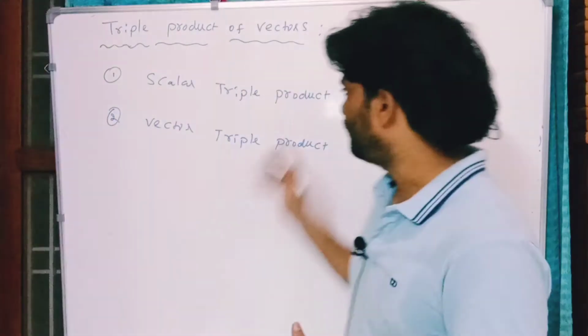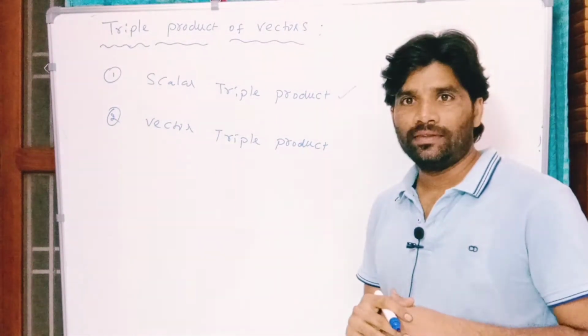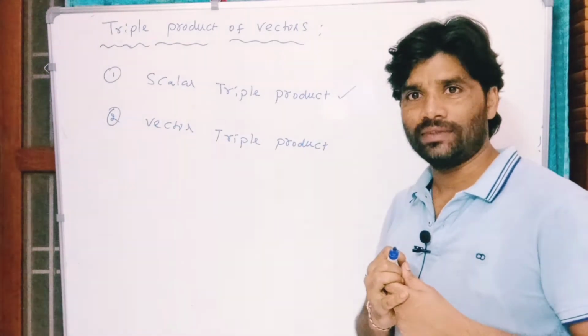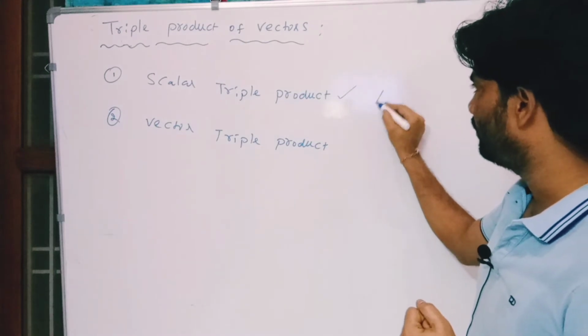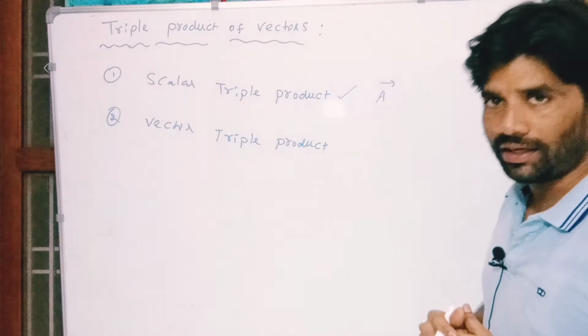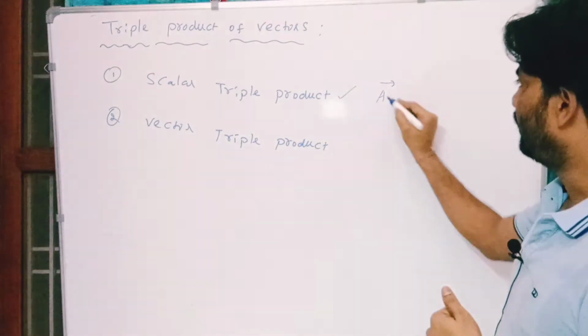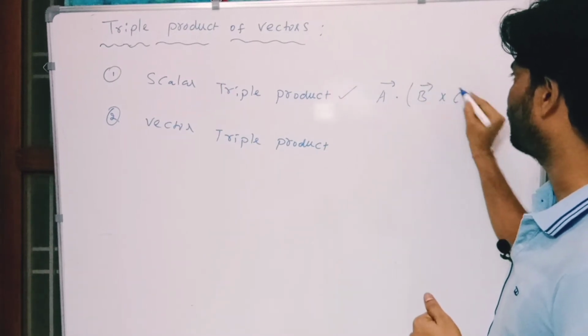So I am going to explain scalar triple product first. The multiplication of three vectors is scalar, and you can see how we get a scalar from the multiplication of three vectors. If there are three vectors A, B and C, A bar dot of B bar cross C bar.